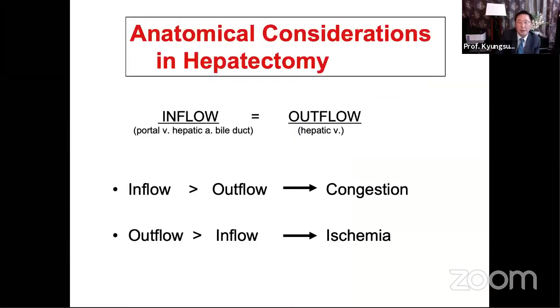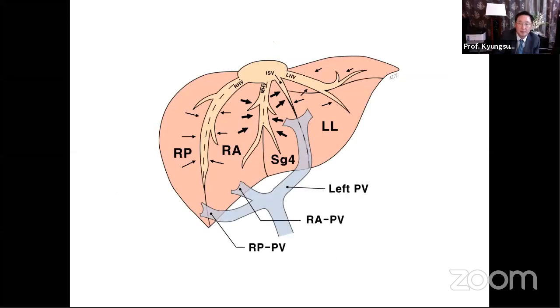So when we do hepatectomy, we have to consider the inflow and outflow. Otherwise, ischemia and congestion develop, so the liver becomes hypoxic. This cartoon shows the inflow and outflow of the liver.